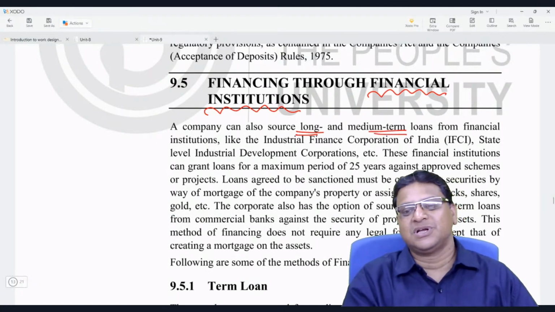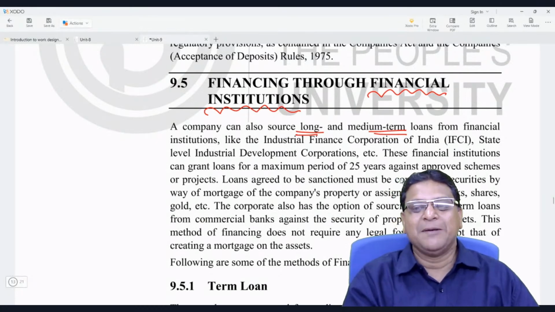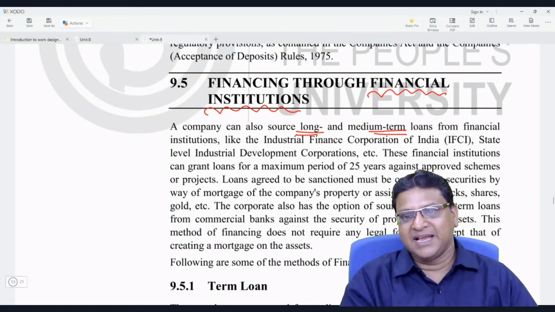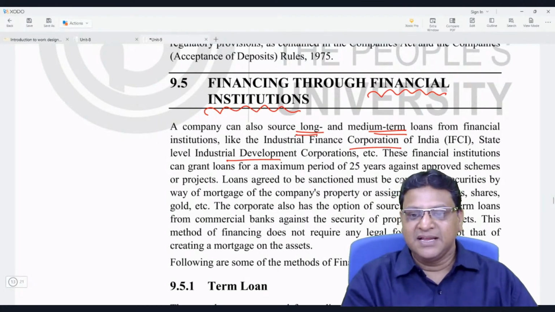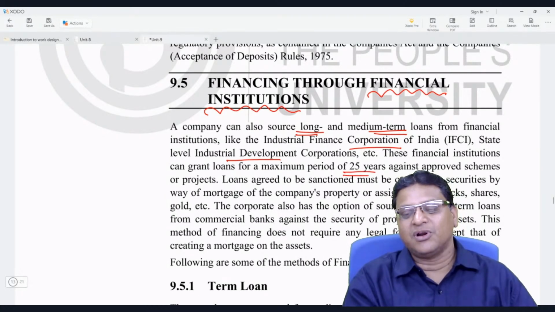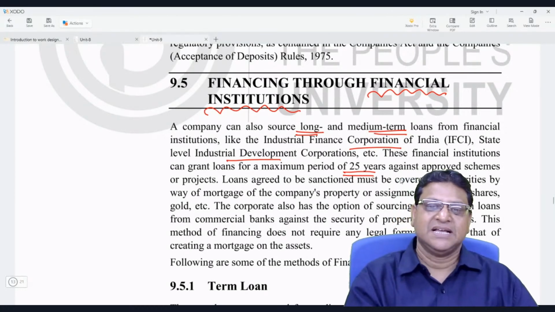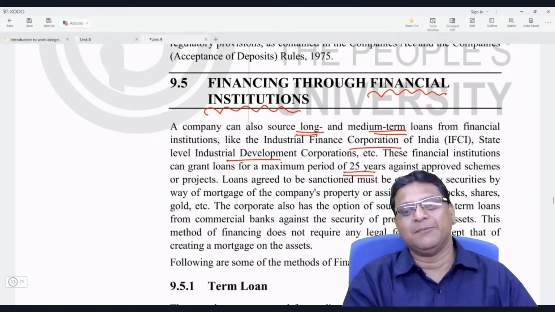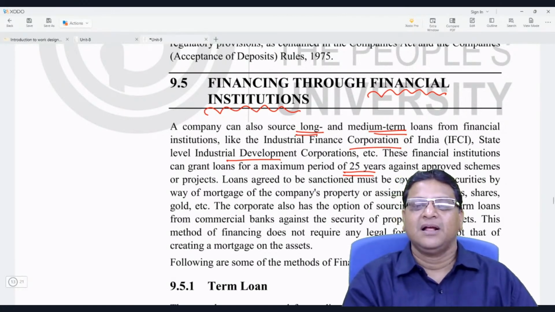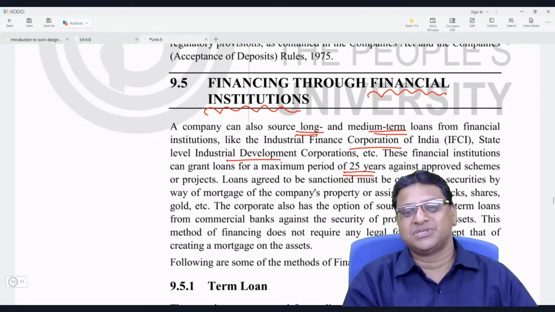The long-term loans are generally provided by developmental banks like IFCI, IDBI, ICICI, and these developmental banks provide loans for 10 years, 20 years, 25 years or more. If you want long-term finance, you have to approach a developmental bank. The medium-term loans and short-term loans are generally provided by commercial banks.